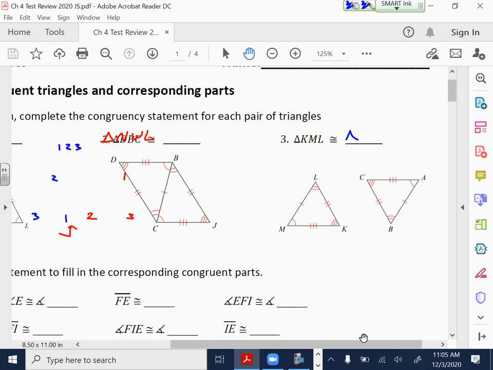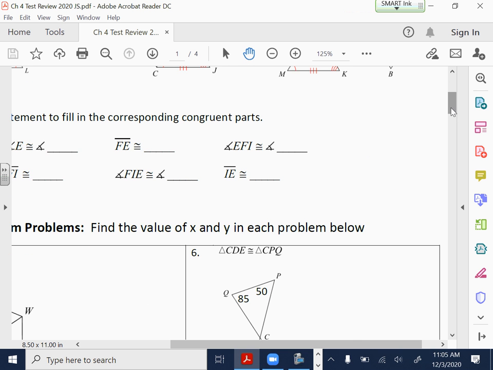So again, you obviously don't have to mark them. You could say, so that's going to be C, and then M was 1 arc, so that's with A, and then L is 2 marks, that is with B. So CAB for that one. So hopefully those aren't too bad, but that shows up in a lot of things we've done and a lot of things we do on this test. So make sure you're being careful with those.